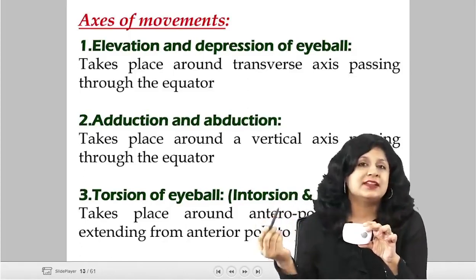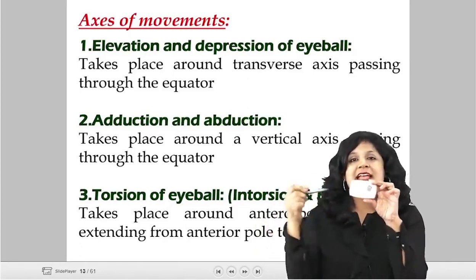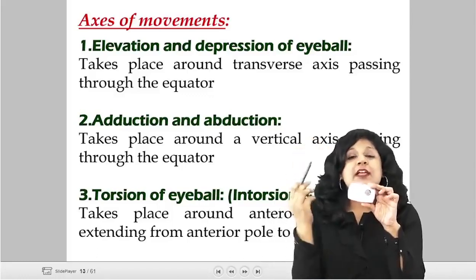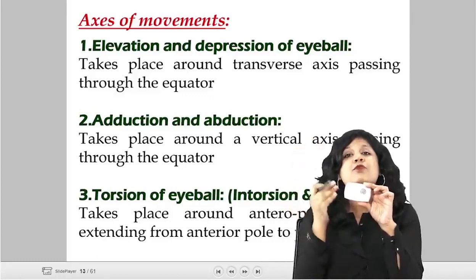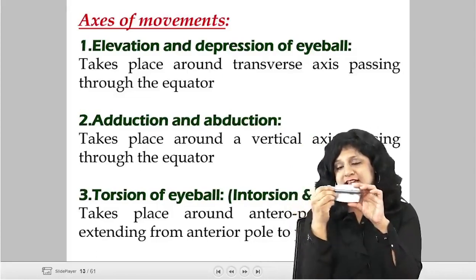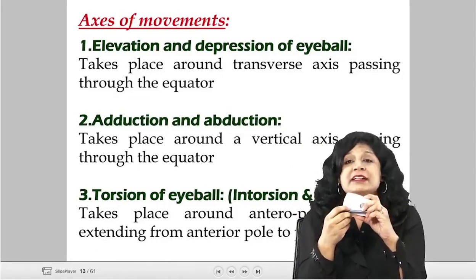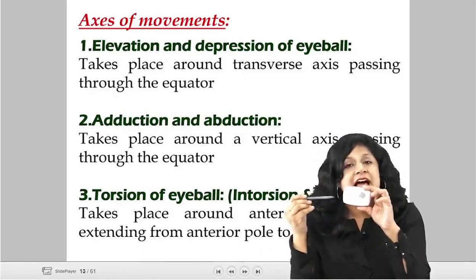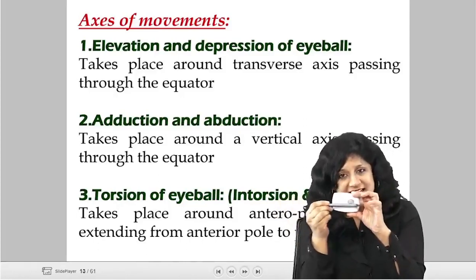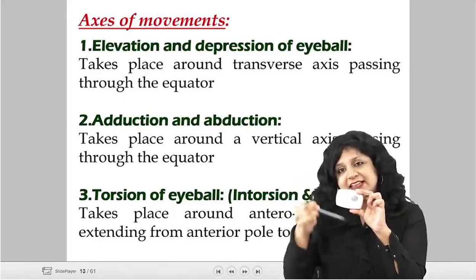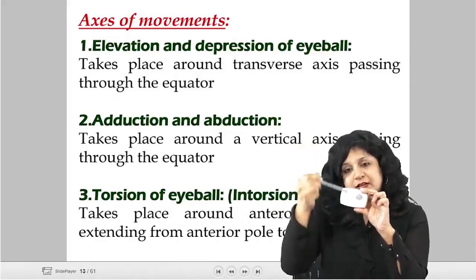See, there are two things. One thing is called the axis and one thing is the plane. In the axis, the movement takes place around this transverse axis, but the movement takes place in the plane. So it takes place around this transverse axis in the vertical plane, that is elevation and depression.